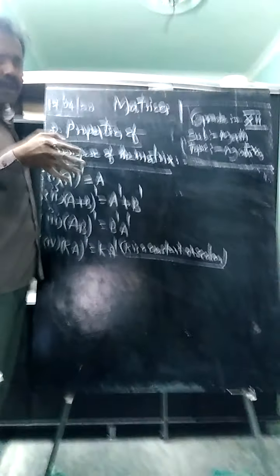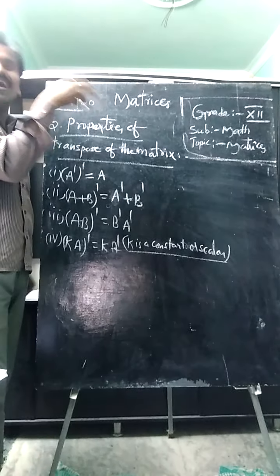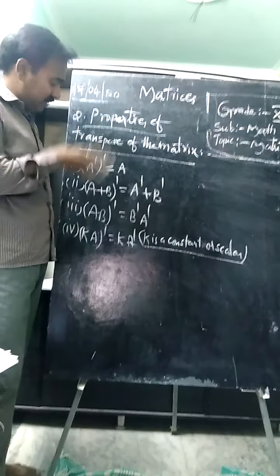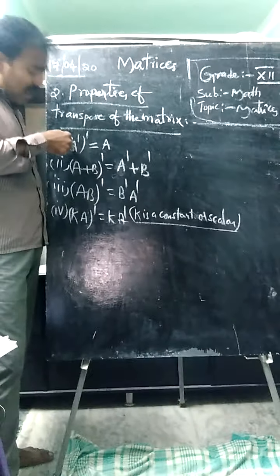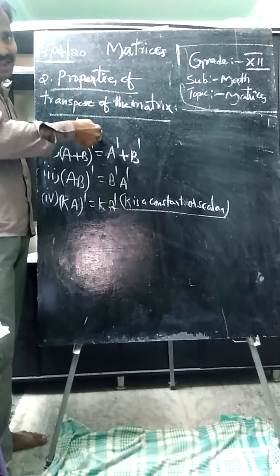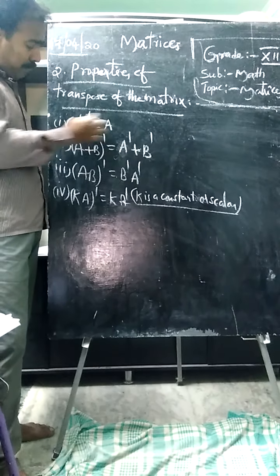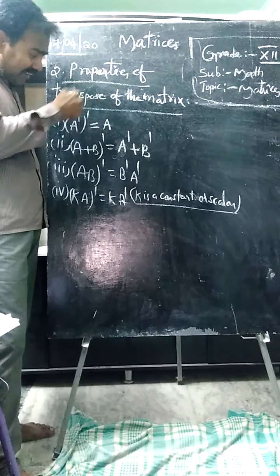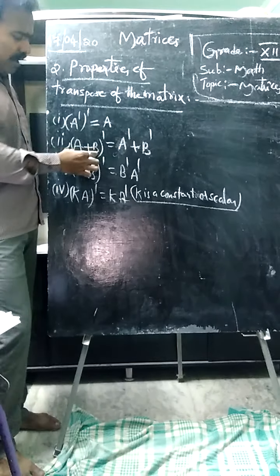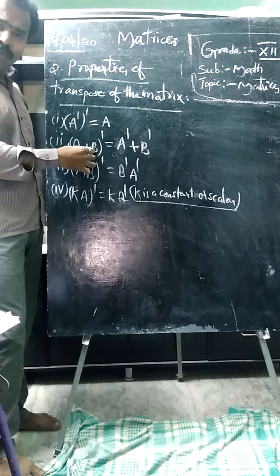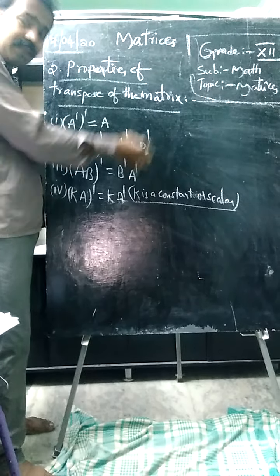Now we have learned about the transpose of a matrix. Again, there are some properties of the transpose of a matrix. First, the transpose of the transpose of a matrix equals the given matrix, that is, A dash whole dash equals A. Then, the transpose of the sum of two matrices is the sum of the transposes of the given matrices.